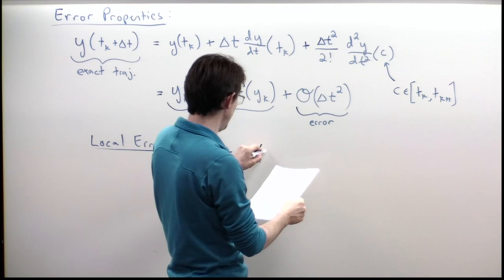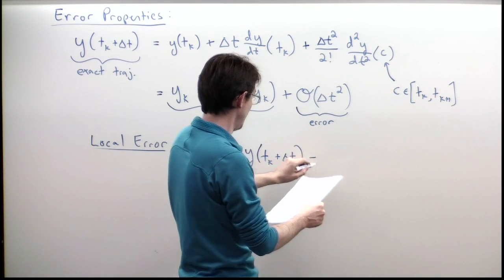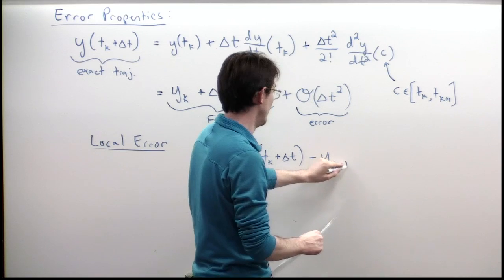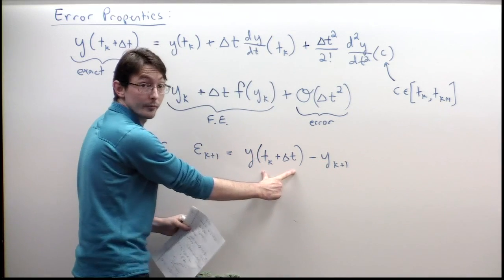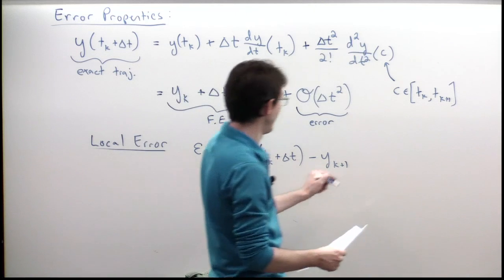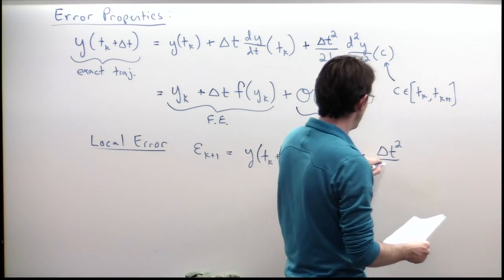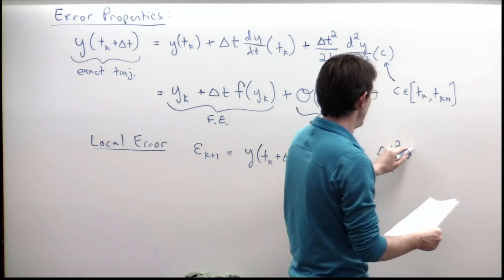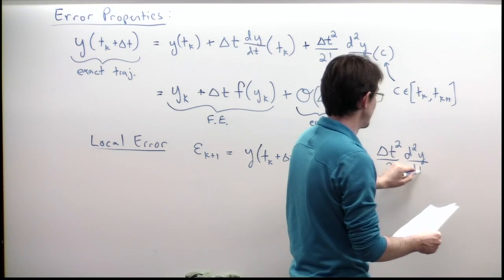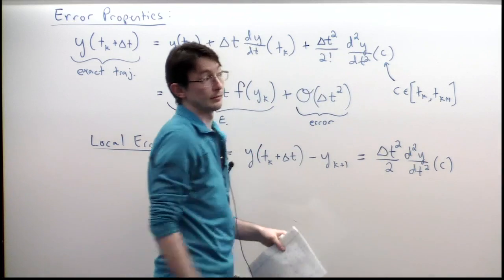This is y tk plus delta t minus yk plus 1. This is exact, and this is our forward Euler approximation. And this is exactly equal to delta t squared over 2 times the second derivative in y with respect to time evaluated at this constant c.